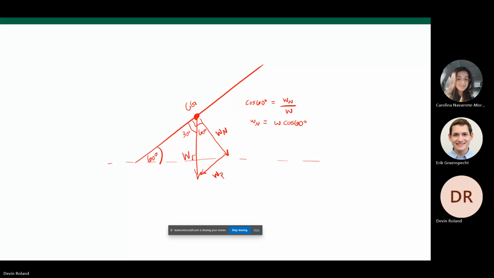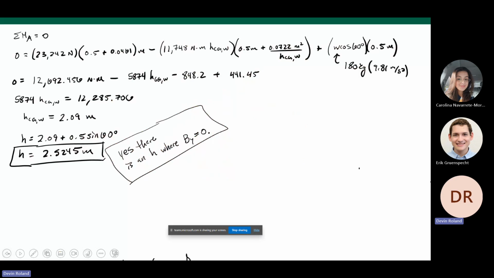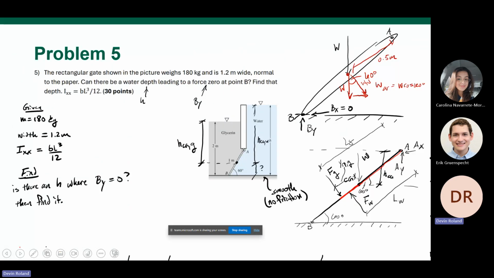Any other questions? It might be dumb, but what's a reason that you wouldn't be able to find an H? That's a good question. Let's see. So it's saying you want the force at B to be equal to 0.